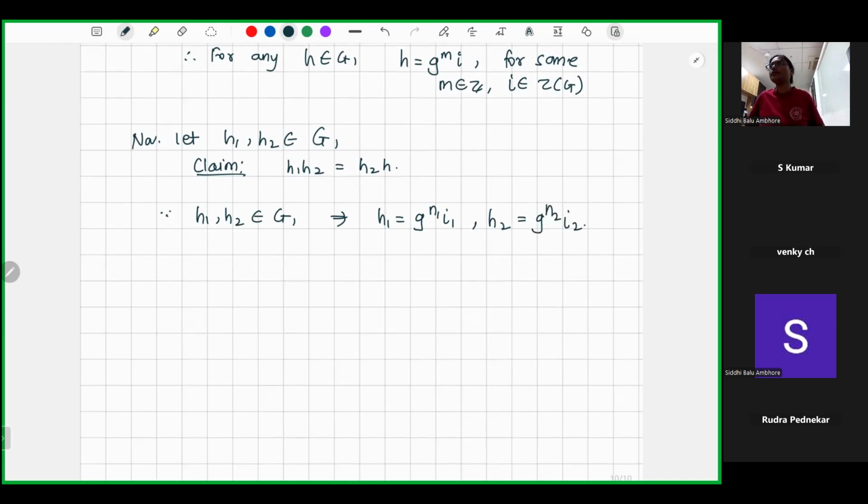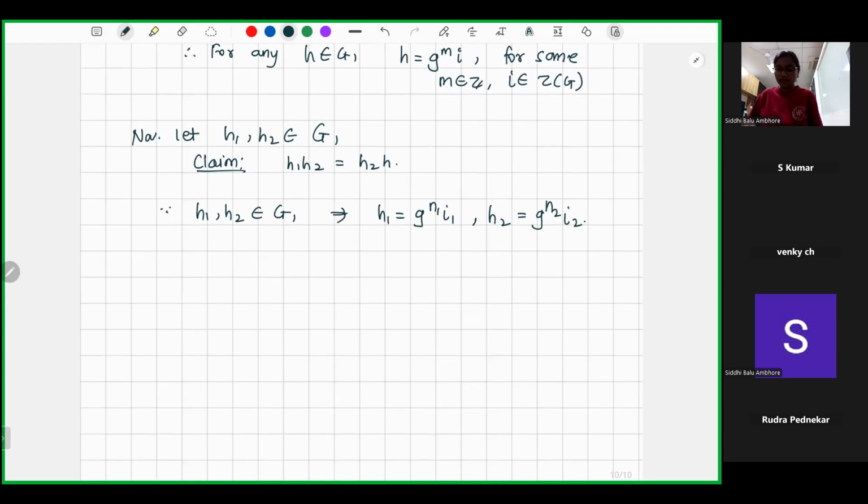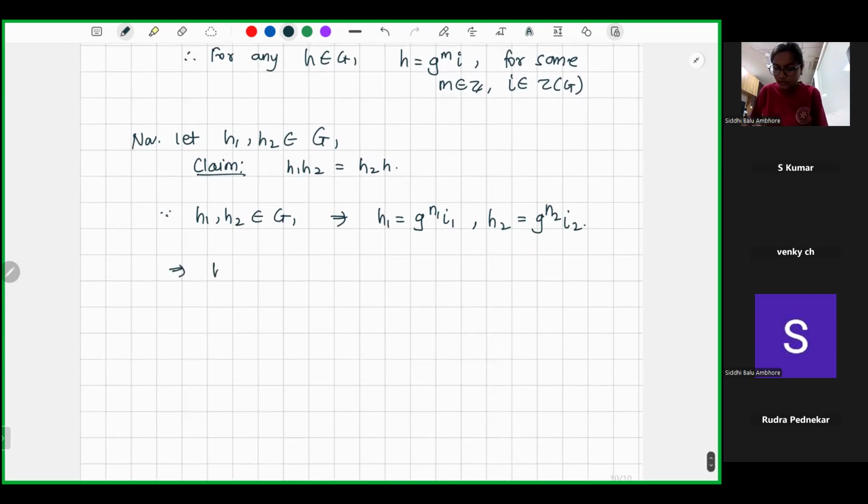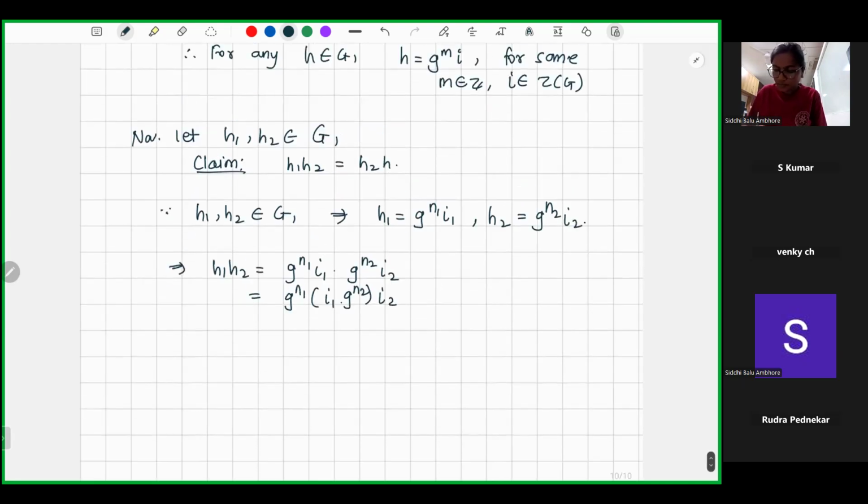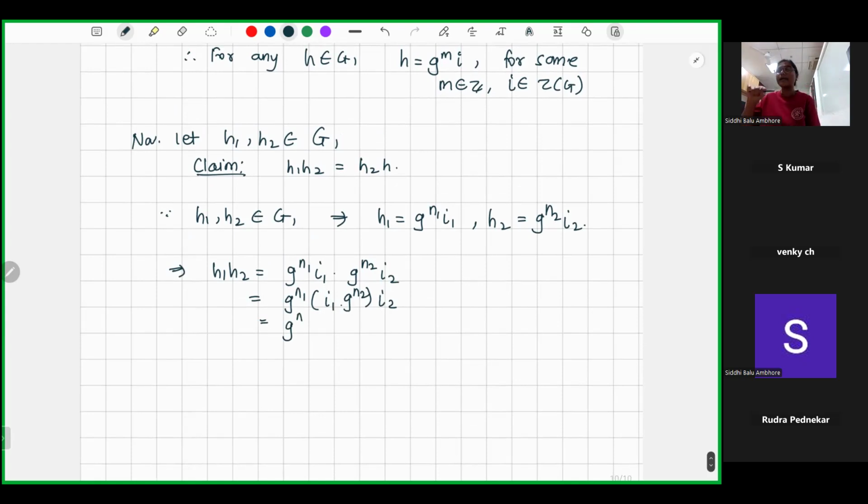Okay, so what is H1 H2? It is this G power N1 I1 into G power N2 I2. And what can we do now? By associativity of the group, we can do this. And since this I1 is in the center, it commutes with this G power N2 as well.